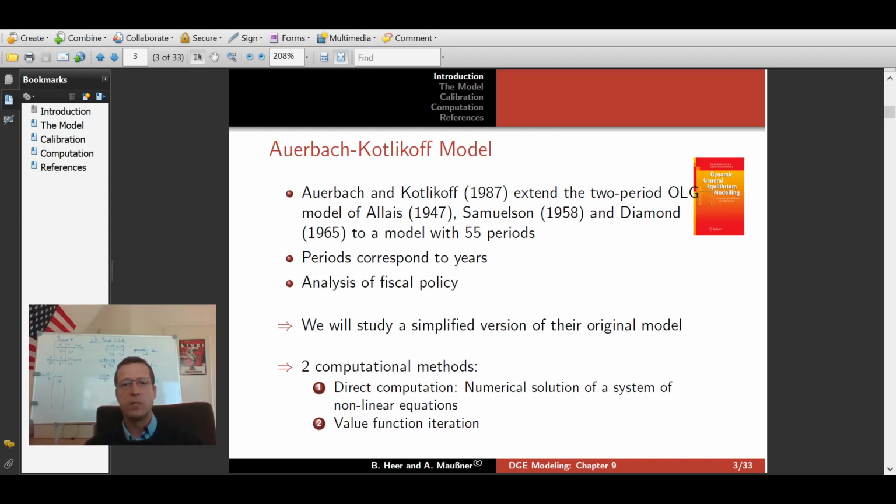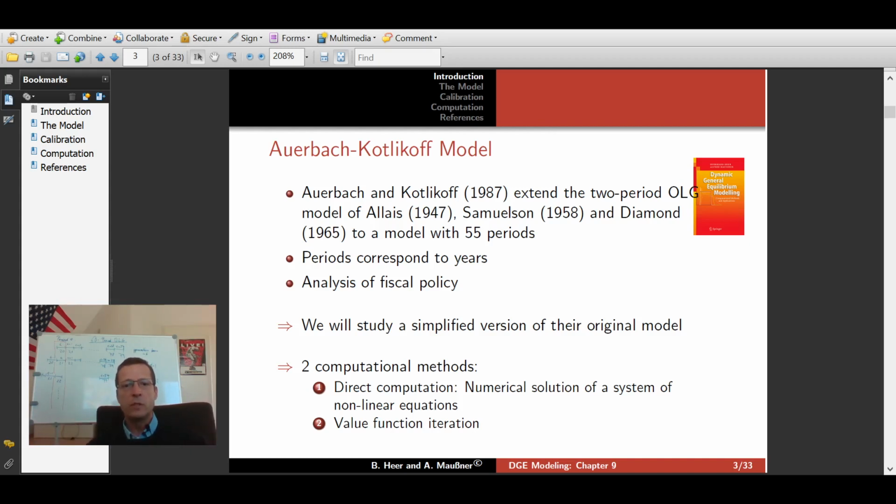We will use 60 periods, and they suggested the age structure, the overlapping of all these cohorts, in their case 55, in our case 60, in any period that we consider in the economy, and periods therefore could be identified with years. Of course, this is also very amenable to empirical research because most of our data on the macroeconomy are annual data, and it's very convenient to have an annual model rather than, let's say, a model with periods of 30 years.